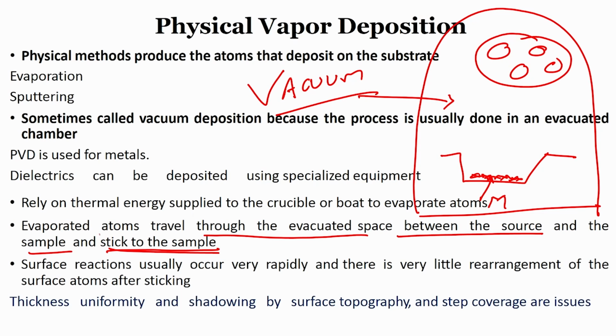So, evaporated atoms travel through the evacuated space, the vacuum, between the source and the sample. This is our sample, this is our source.